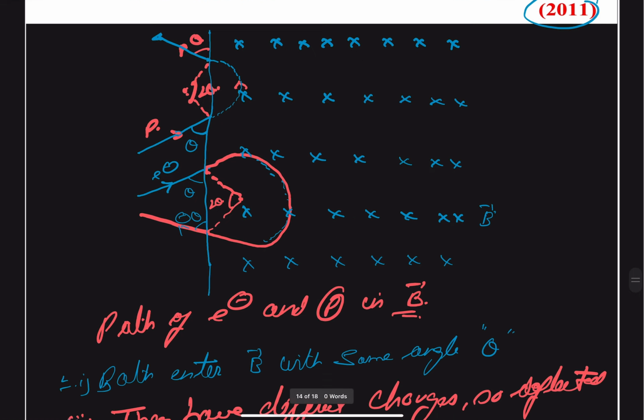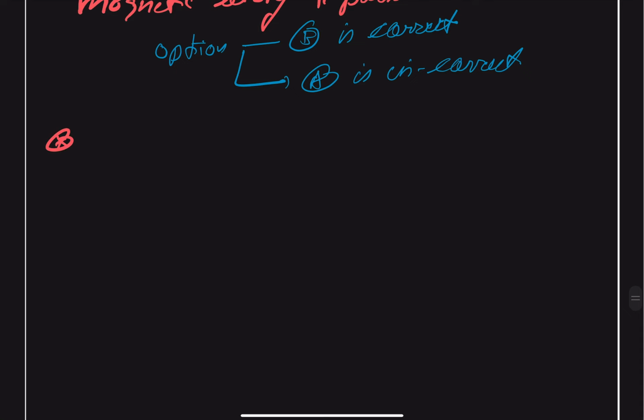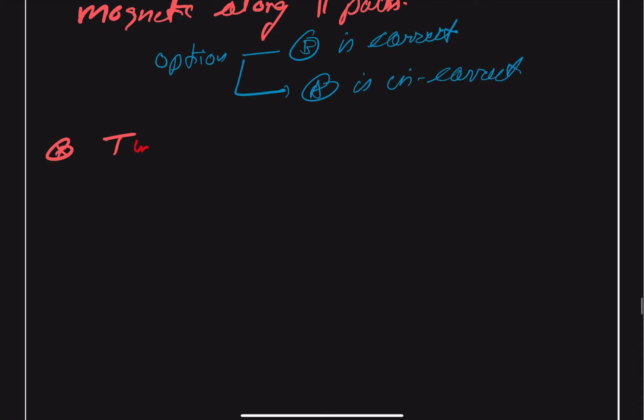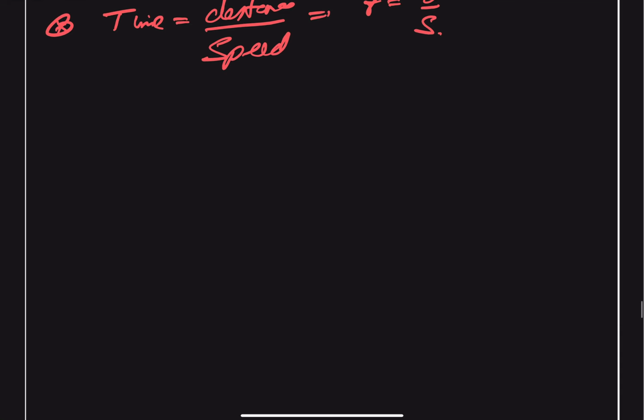Now let us find out a part with respect to the time. Do they come out at the same time or at different times? We know that time is equal to distance over speed, or T is equal to D upon S. So let us consider the proton, and we modify the formula by writing P for proton.